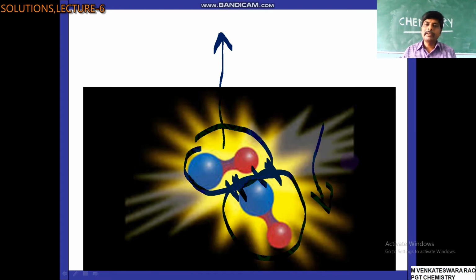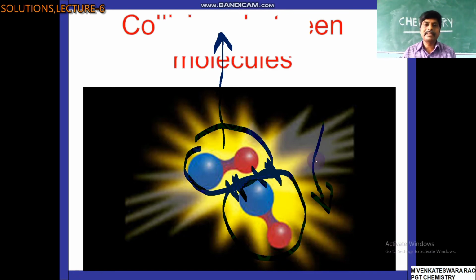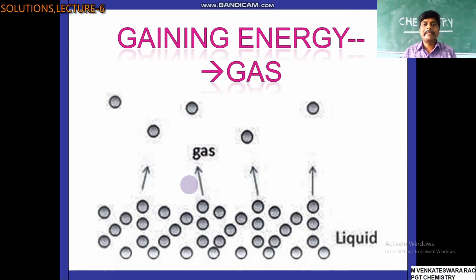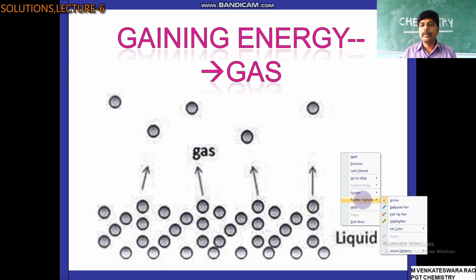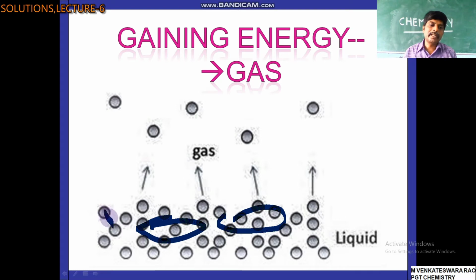Okay. Next, the same thing is applicable to our present topic. You can see in this, all these are liquid molecules. Because of collisions between molecules, suppose you see these two molecules collide with each other.